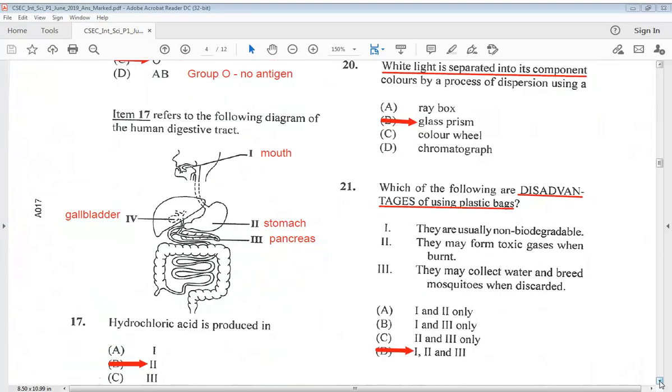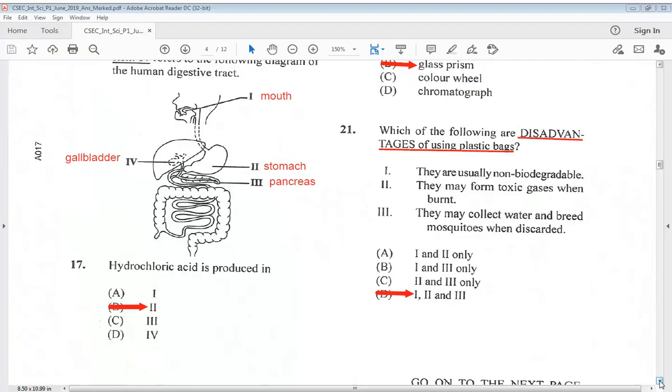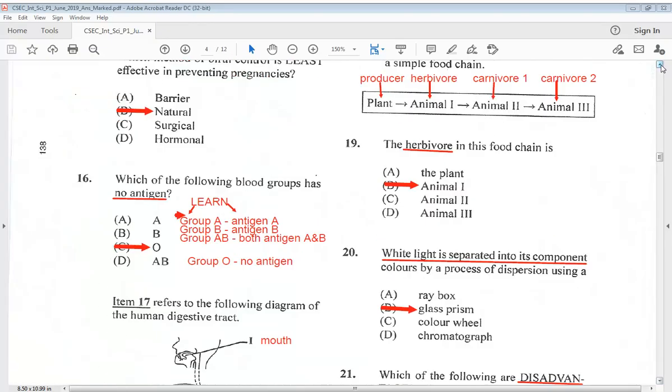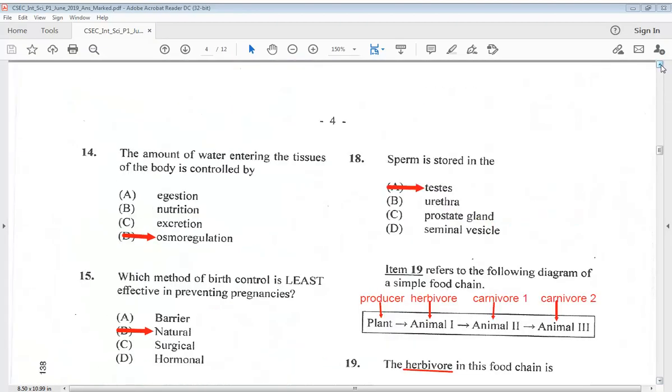Item 17 refers to the following diagram of the human digestive tract. 17. Hydrochloric acid is produced in... we know that's in the stomach. Let's go on to number 18. It says sperm is stored in the A. testes, B. urethra, C. prostate gland, D. seminal vesicle.